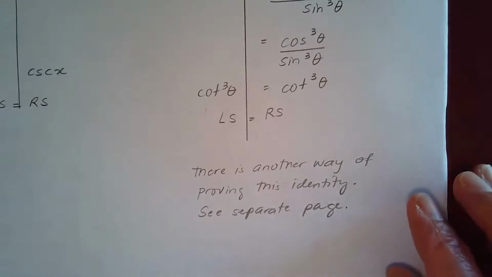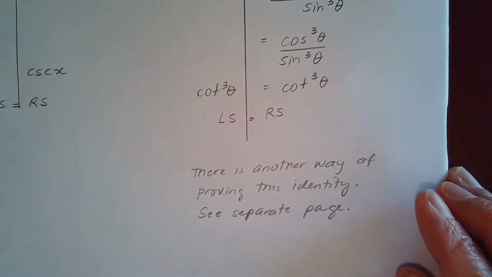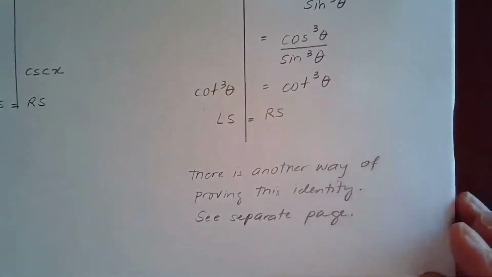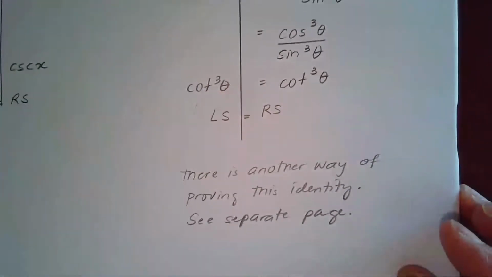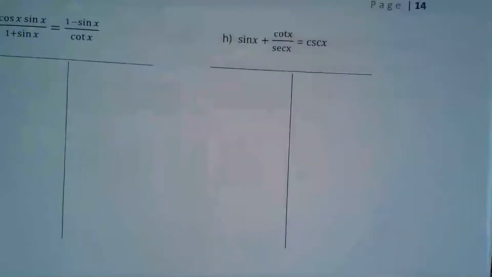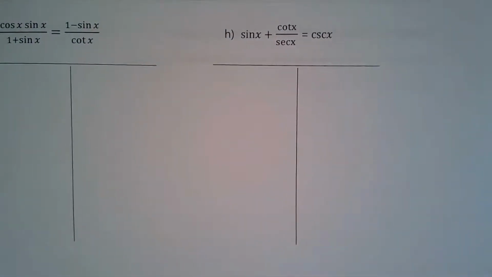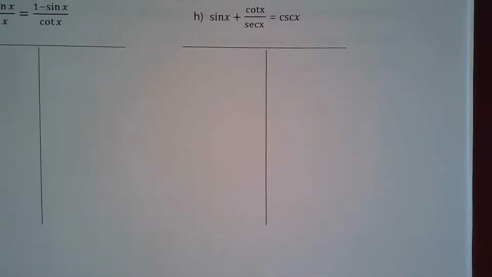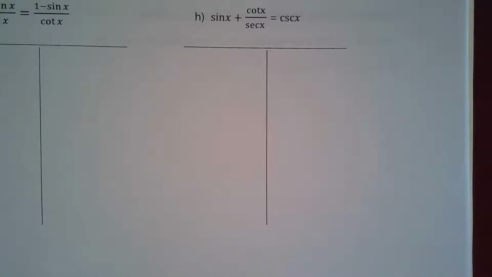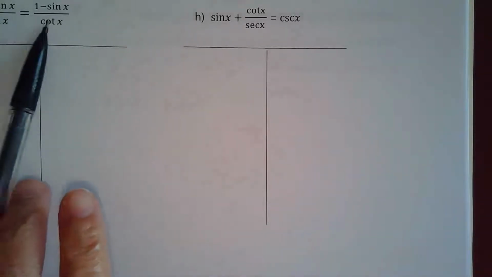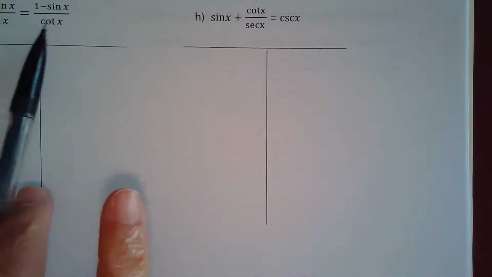Now we're going to go to letter G. We only have G and H. Okay, this one is kind of interesting, letter G, because which one should I start with?